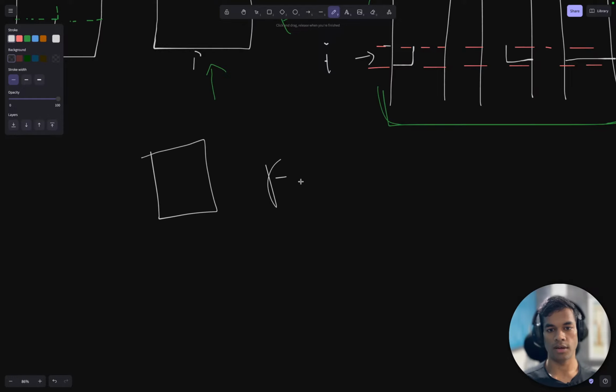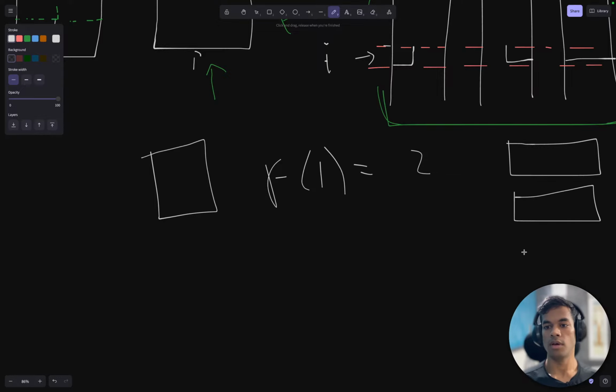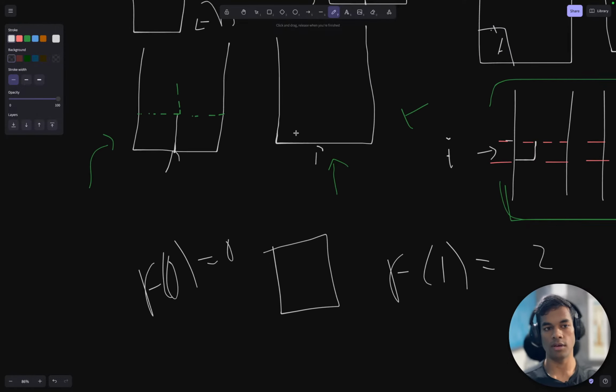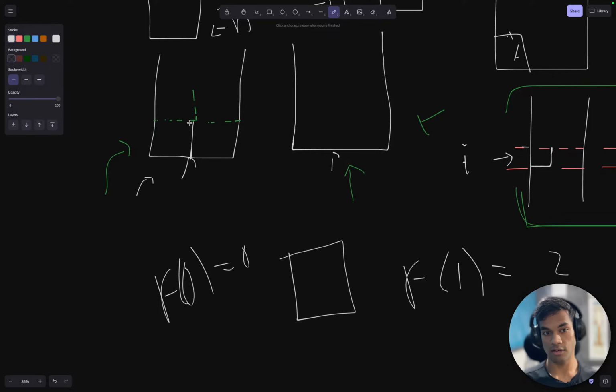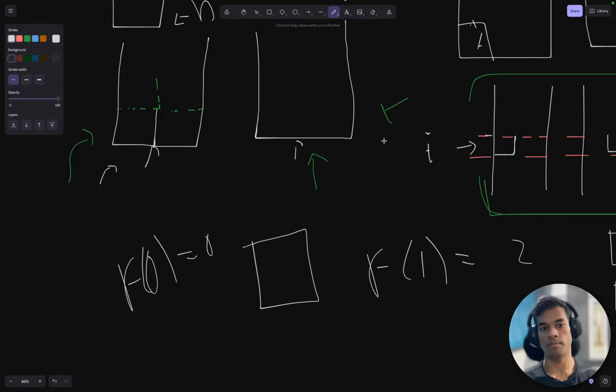We know that f1 equals 2 because when we have a singular row, we have only two choices. We can even say f0 equals 0. And we begin with a base case, since we said we can begin with something like this. The first choice could be this, or could be not making any lines.